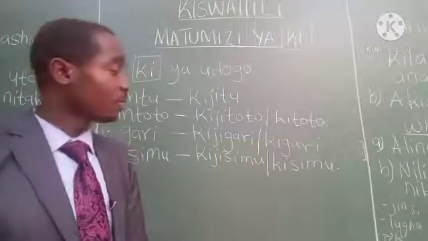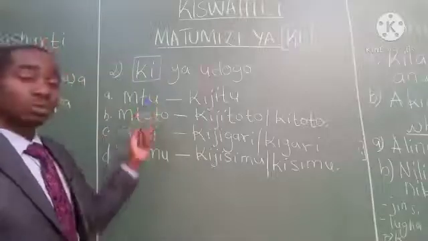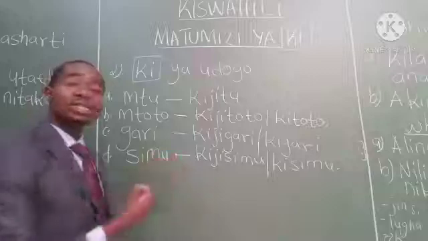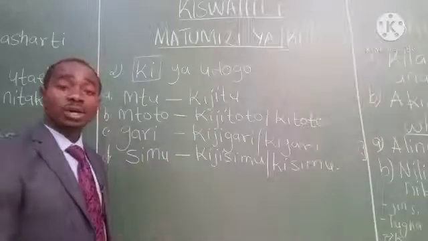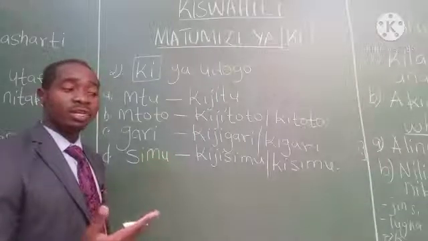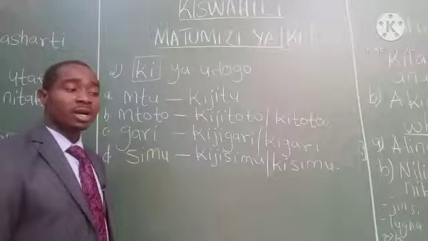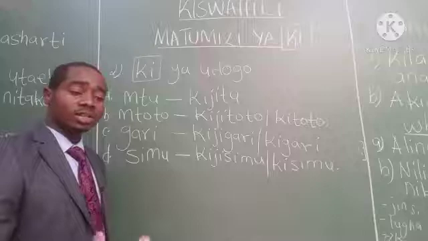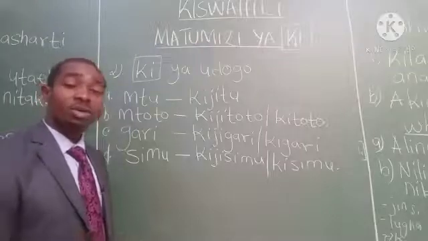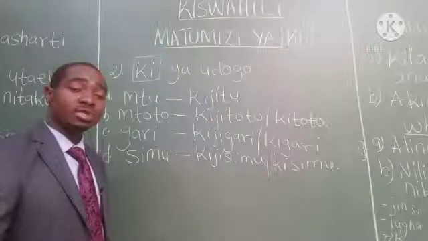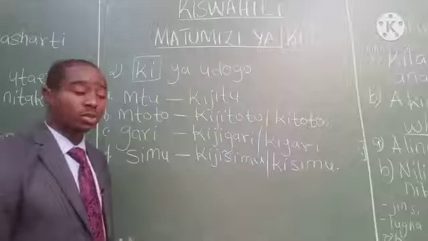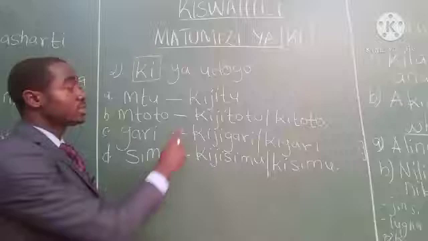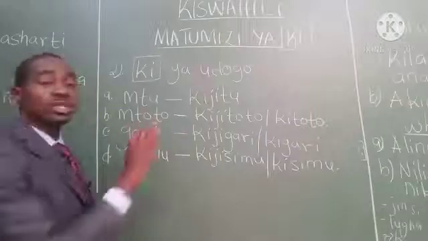Here we have mtu, person. It becomes kijitu, a small person. When you say a very small person, maybe it's semi cool to have such a person, very small. So you can say kijitu changu, my small person. For mtu, we just say kijitu.